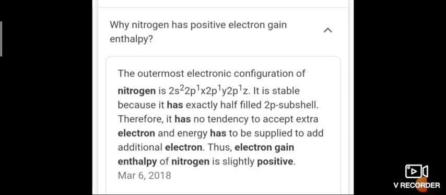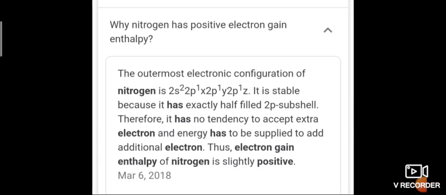And when you see the zero group elements, neon, helium, all have positive electron gain enthalpy. Why do they have positive electron gain enthalpy? Because they have completely filled configurations. So it is an endothermic reaction.